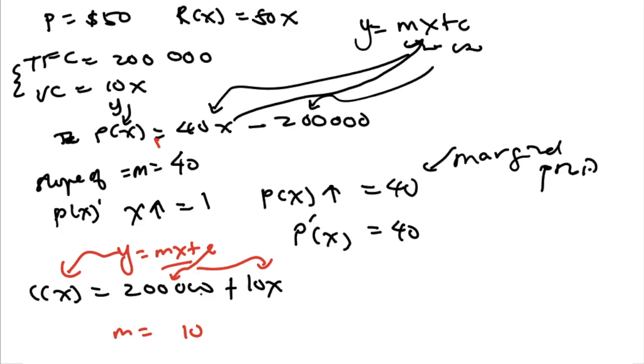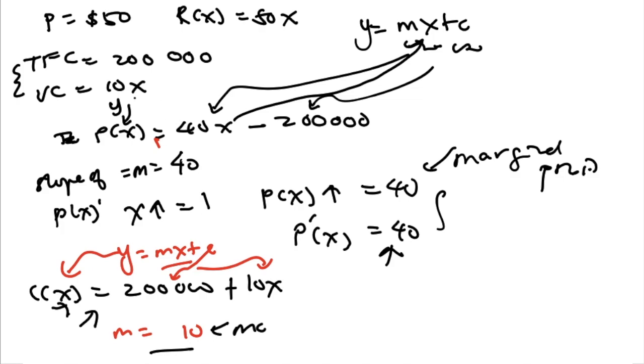Like I said, slope, the rate of change, is basically the marginal of the total function. In the previous example, this was the marginal profit of the total profit function. If this is a cost function, this one is the marginal cost of the total cost function.